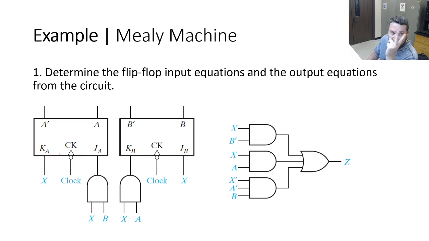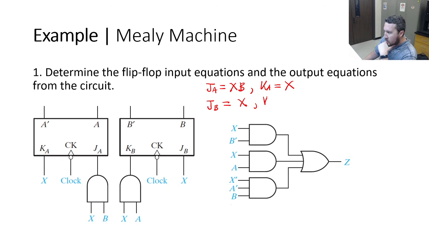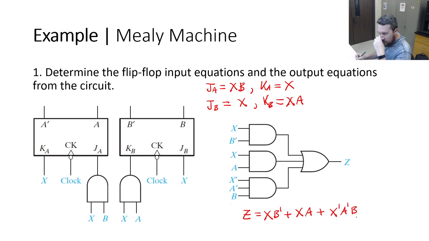So here each flip-flop is going to have two equations, one for J and one for K. So we've got JA is equal to X and B, and KA is equal to X, and JB is equal to X, and KB is equal to X and A. And then down here we can see that Z is equal to X and B prime, or X and A, or X prime and A prime and B. So there we go.